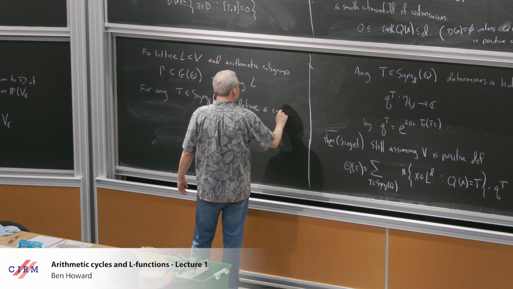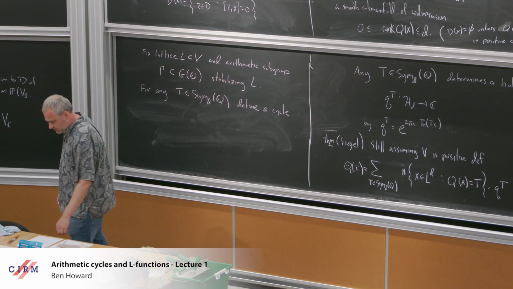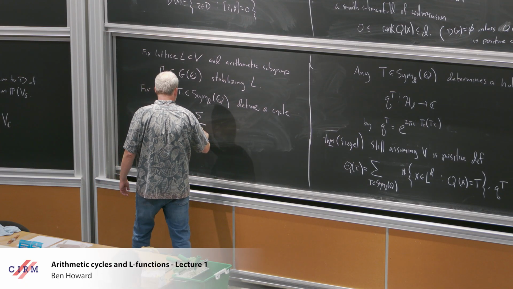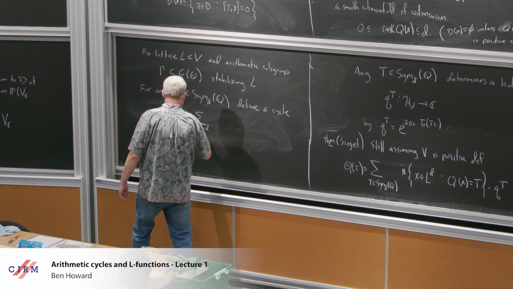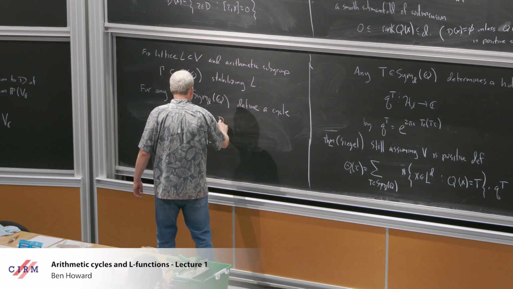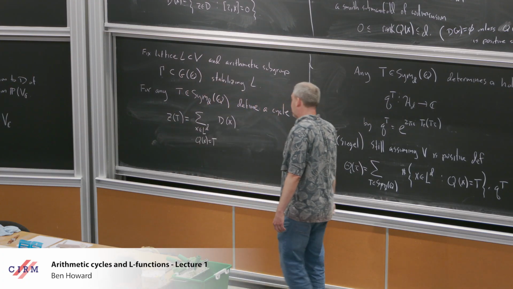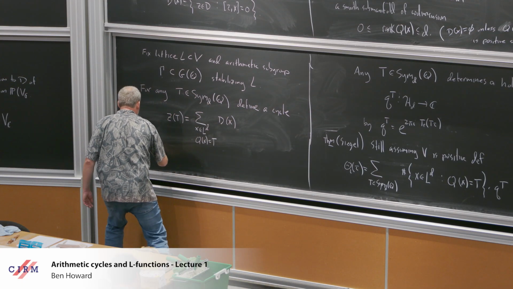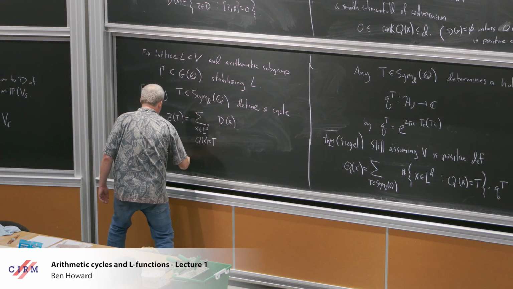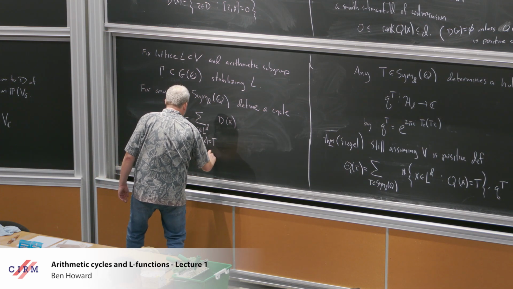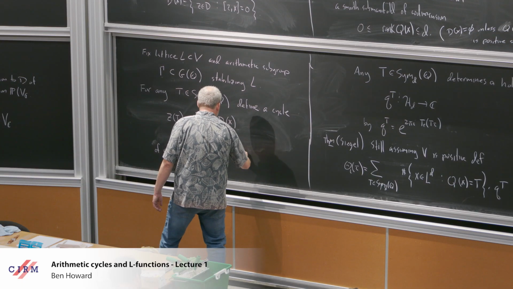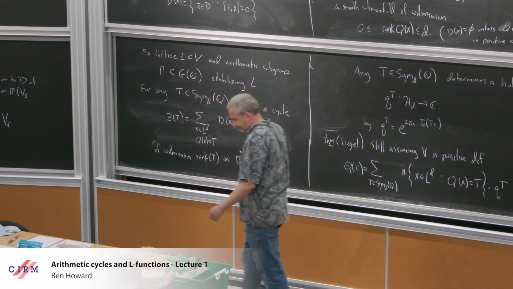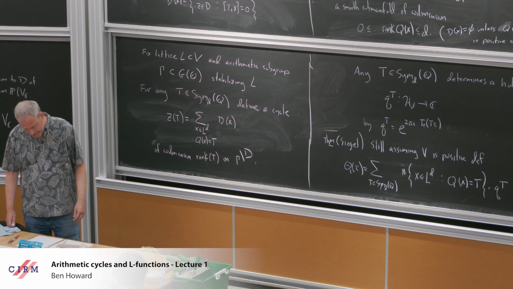Define an analytic cycle Z of T, the sum over all d-tuples of vectors in my lattice of the specified moment matrix of the associated cycle of codimension the rank of the moment matrix, of codimension rank of T on D mod gamma. Okay.